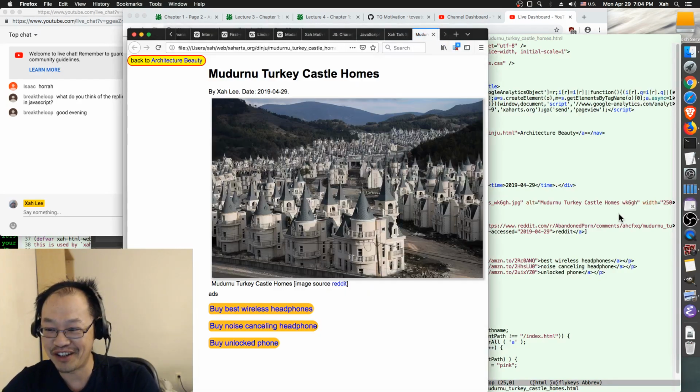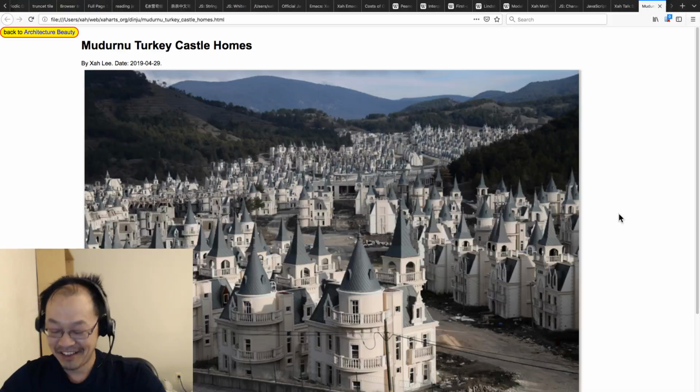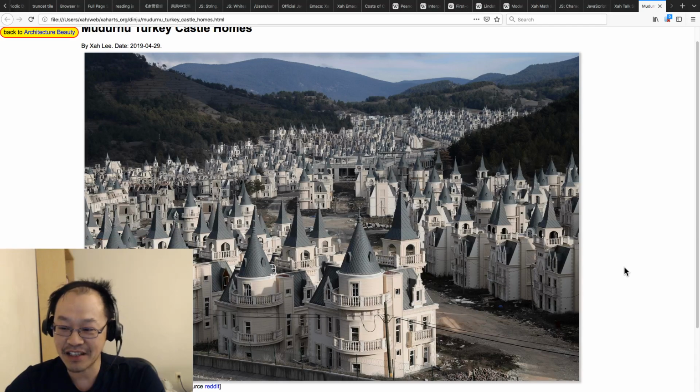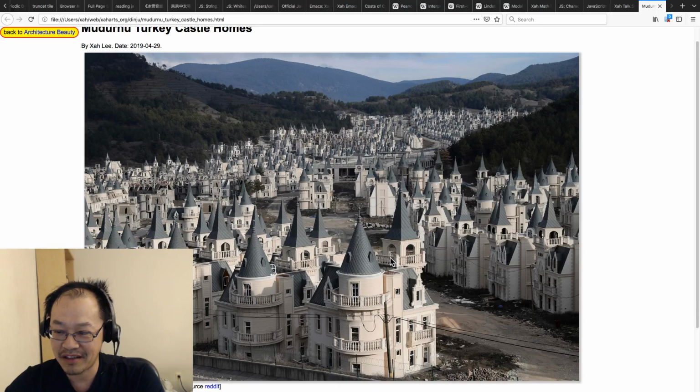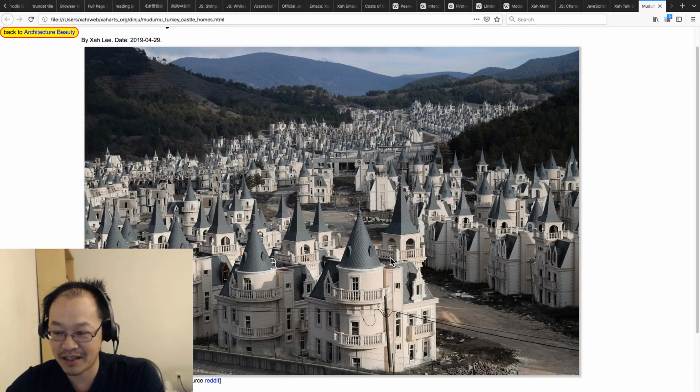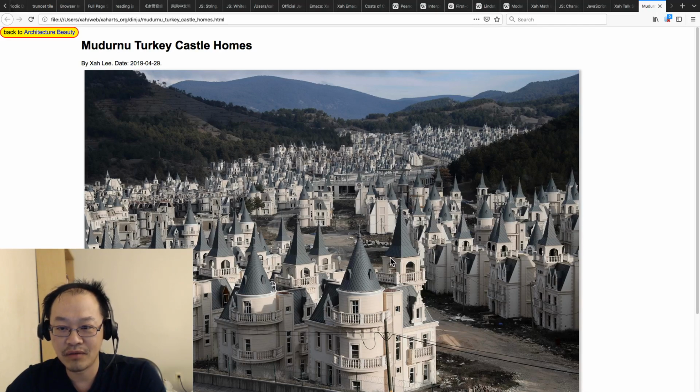I'm going to show you this for 2 minutes. Okay. Now this is a castle home. This is real. This is not toys. You got these Disney style castles. You got hundreds of them. Where are they? They are in Mudurnu in Turkey.